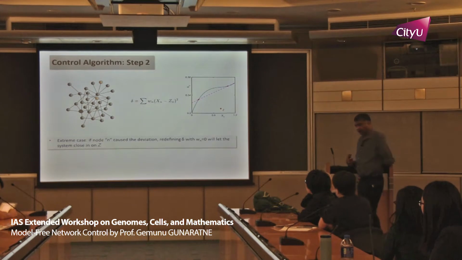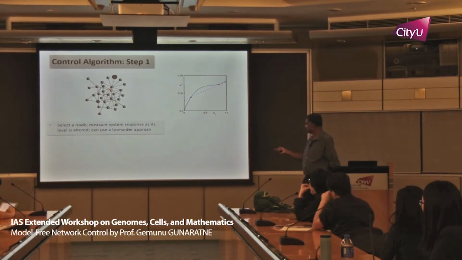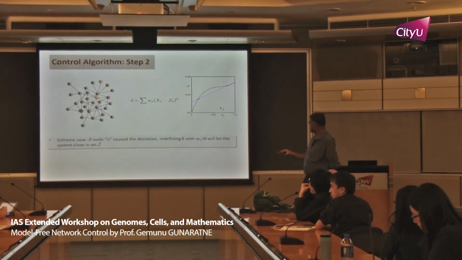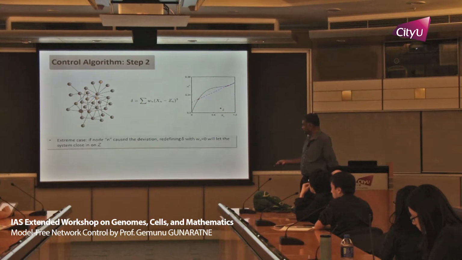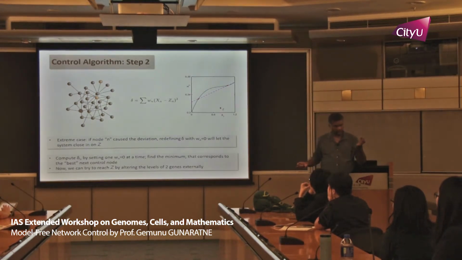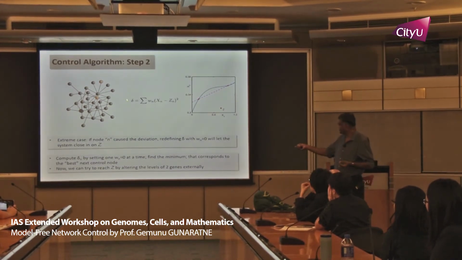So the trick then is to set one W at a time to 0 and find out what the value of delta is.